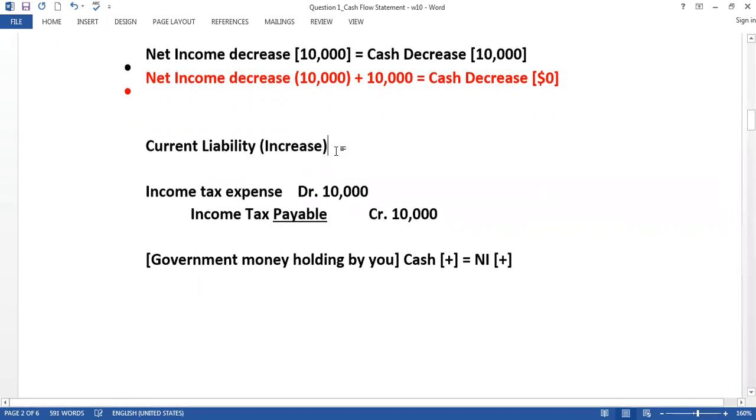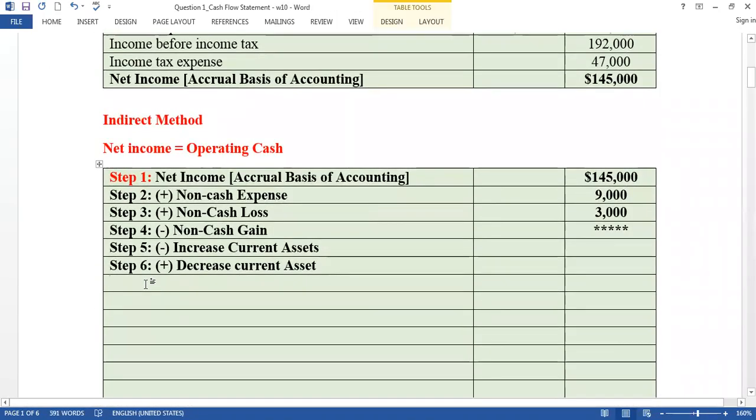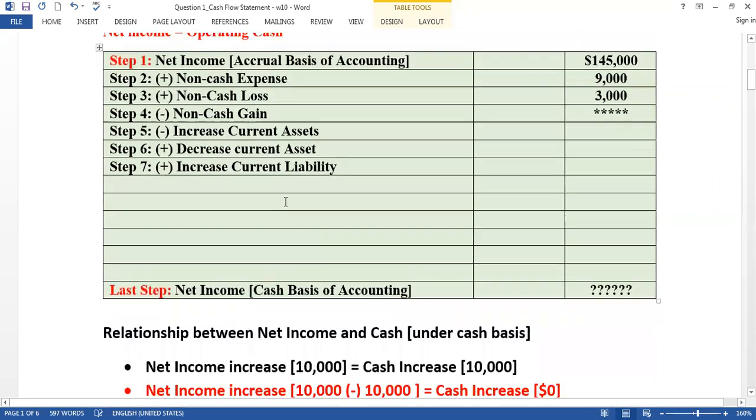Look at the example of current liability decrease. Here you can see step 7, increase current liability.